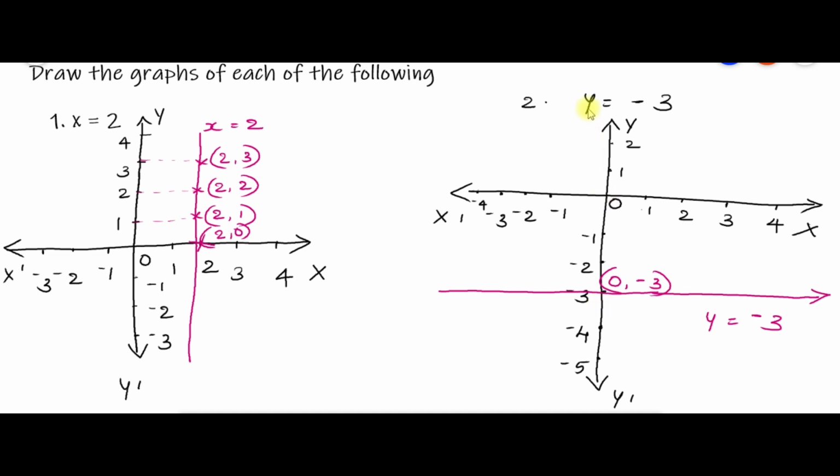Suppose if you want to plot y is equal to plus 3, then it will be above this point, it will be a line parallel to x axis and it is at a distance 3 units above the x axis. In general, you can state that y is equal to a, a can be any positive or negative number, is a line which is parallel to x axis.